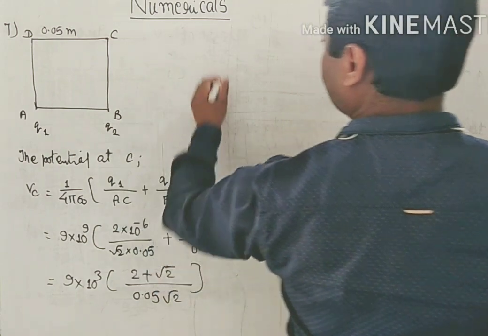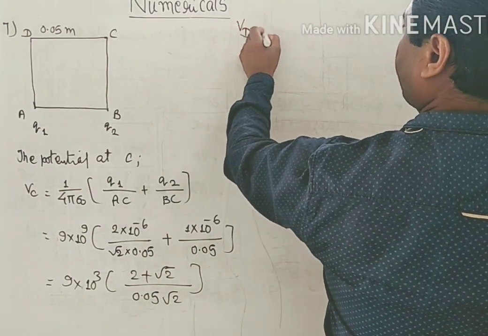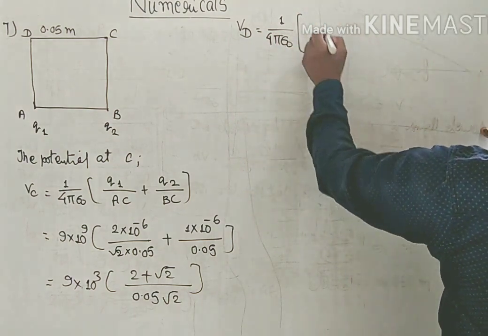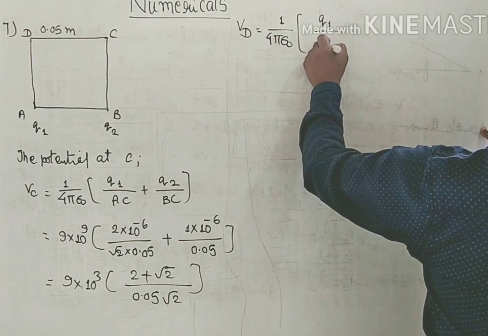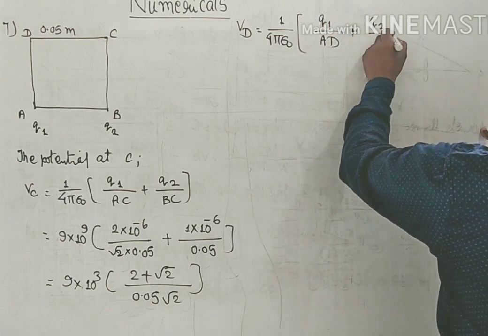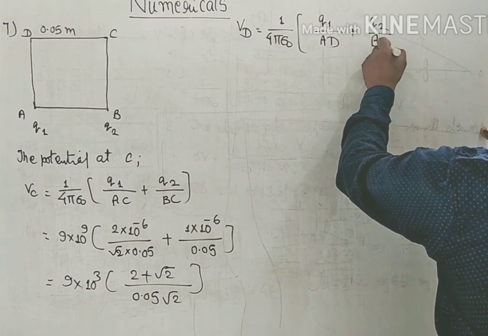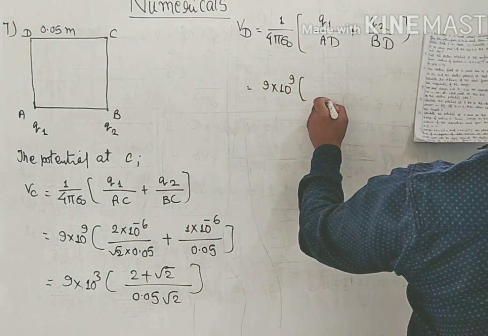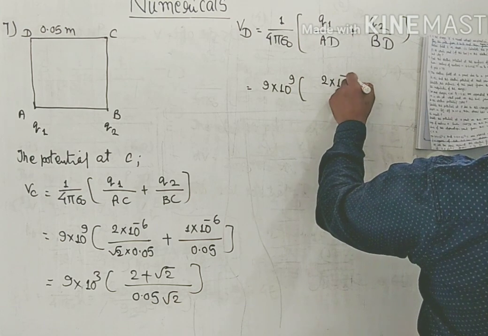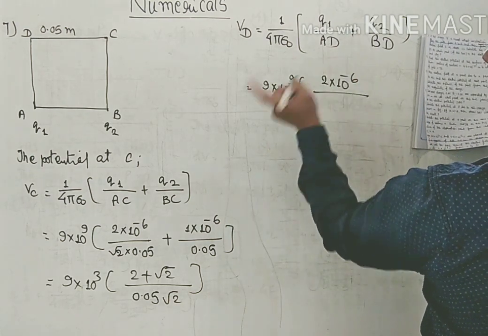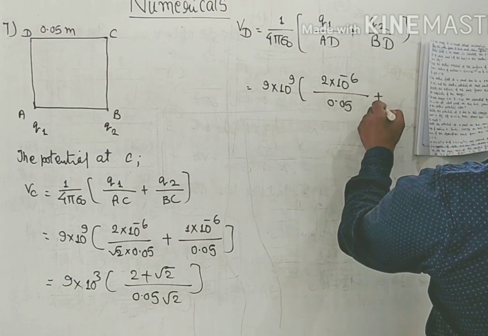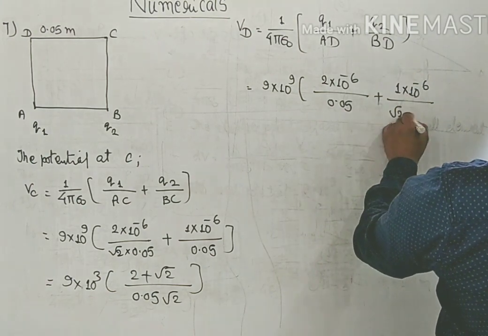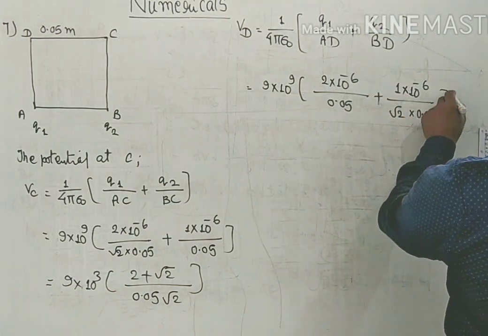And now just calculate the potential at D. So VD would equal 1 upon 4 pi epsilon naught, charge Q1 upon distance AD plus charge Q2 upon distance BD. Now just place the values: 9 into 10 power 9 into the first charge magnitude 2 into 10 power minus 6 upon distance AD, which is 0.05, plus the second charge 1 into 10 power minus 6 upon under root 2 into 0.05.